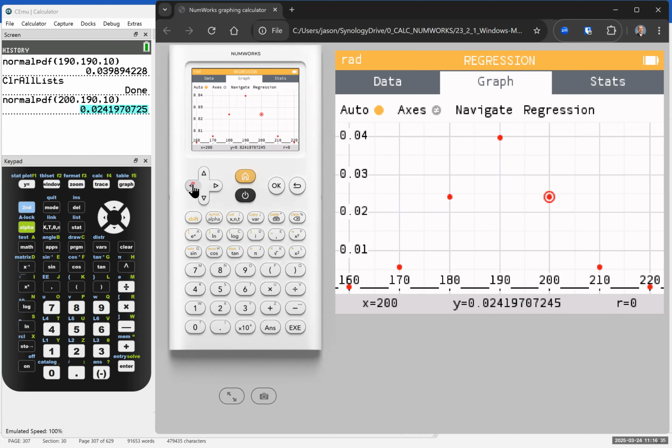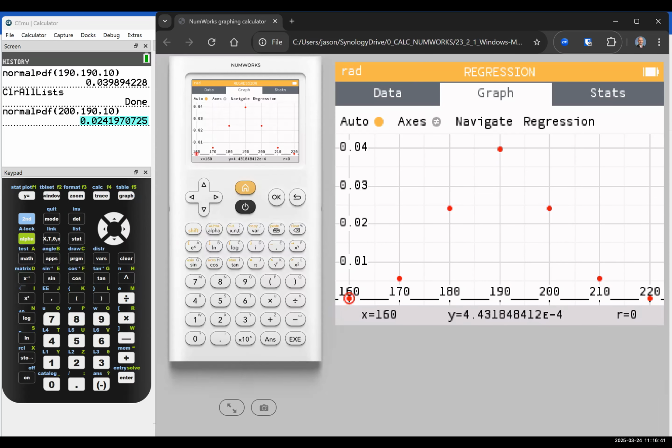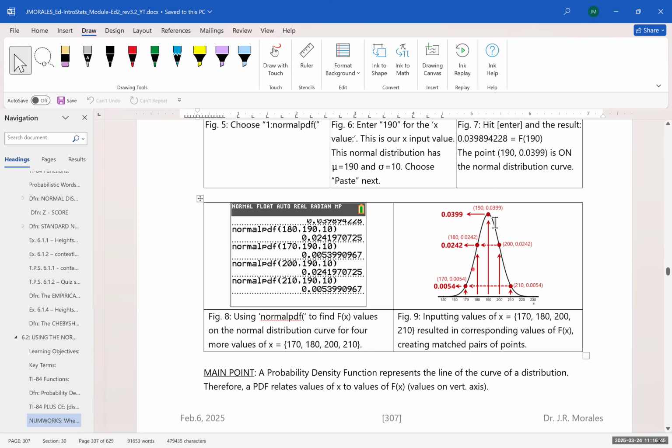So what we did is we just calculated the points along the edge of the distribution. And if we come back over to our notes, you'll see these are the same points that I've got illustrated here. So that's what a probability density function does, it just calculates values along the line of the normal distribution curve.